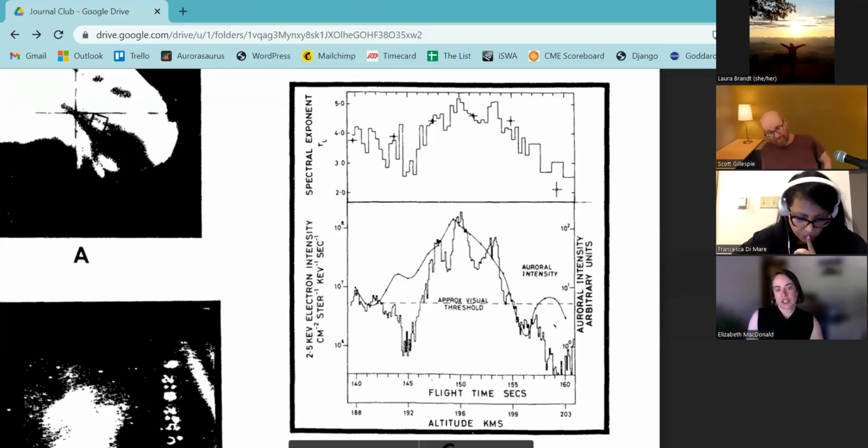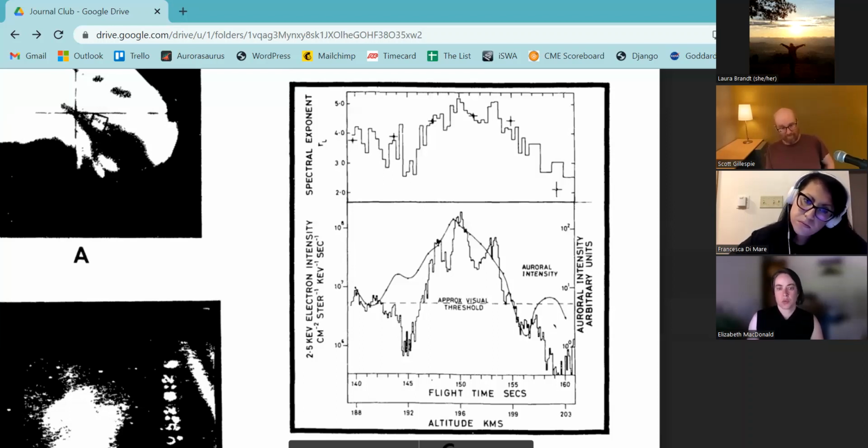It is a digitized line from photographs where the rocket went through this same patch. It's either a patch or an arc. I'm guessing it's an arc because that's what we're talking about here. You can see it goes up and comes down, and that is what we're interpreting as an arc. Over that same time period, this flux of particles also goes up and comes down in a similar way.